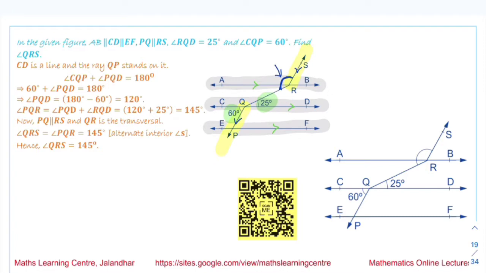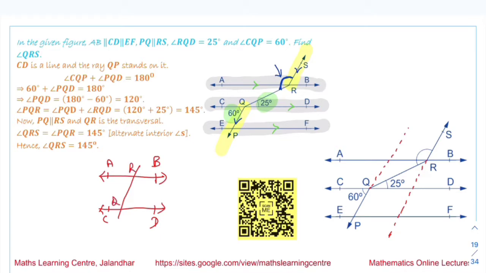What we see from this figure is, if I extend these lines like this, and extend this line like this, and I talk about the lines AB and CD, this is our transversal RQ.